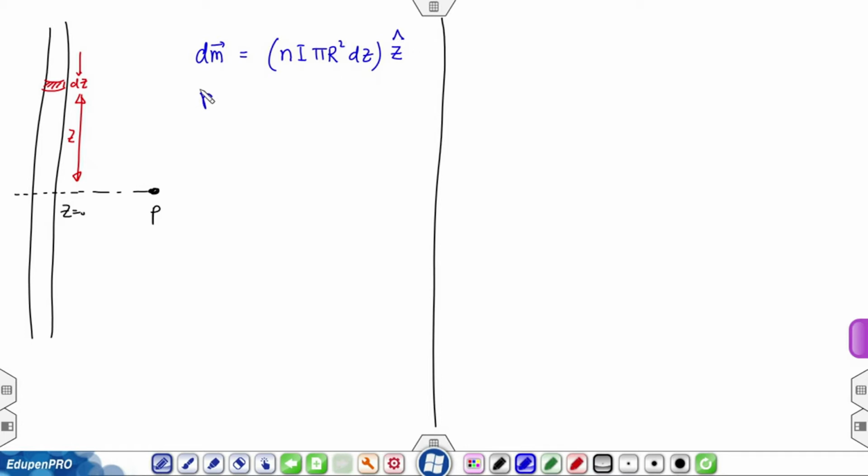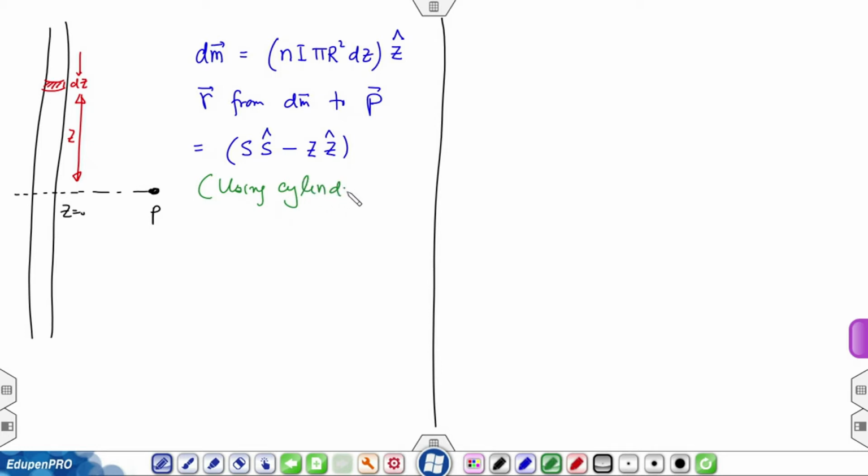R vector from dm to P is equal to s minus z. And as you can see, I am using cylindrical coordinates.